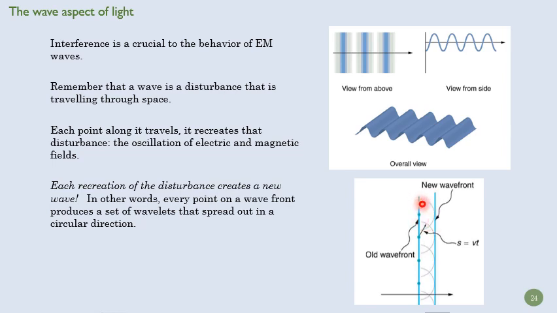But it's actually all these little tiny waves that are running into each other and either constructively or destructively interfering. This idea is called Huygens' principle, okay? And it's true of all kinds of waves. Okay, it's particularly important when we deal with electromagnetic waves, but it's not just electromagnetic waves that follow Huygens' principle.